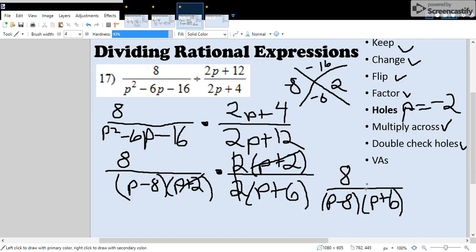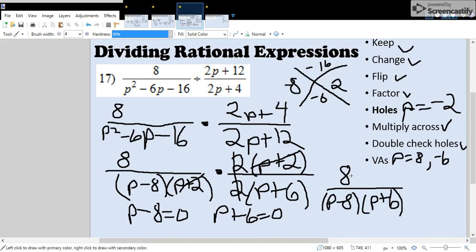Now for your vertical asymptotes, you would set each of these in the denominator equal to 0. So you have p minus 8 equals 0, and p plus 6 equals 0. You see from that p is 8 and negative 6 to get the vertical asymptotes.